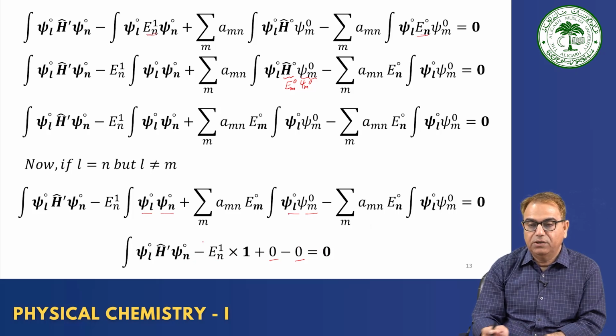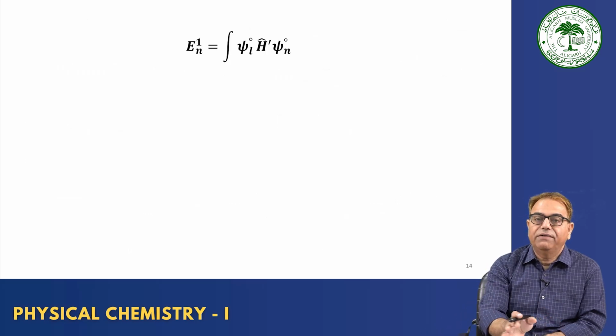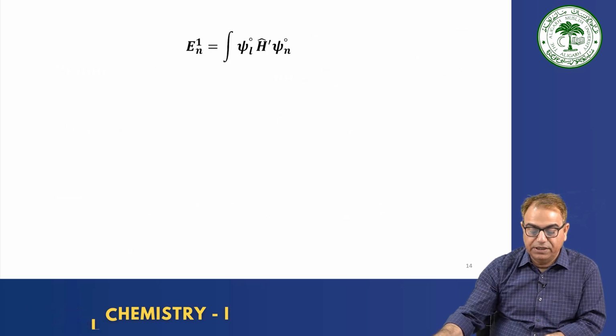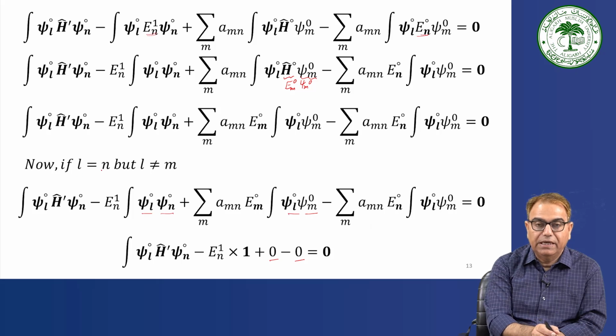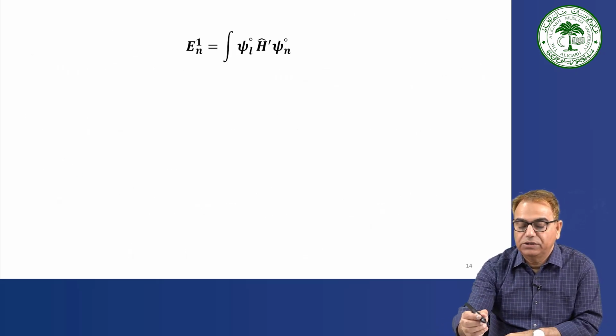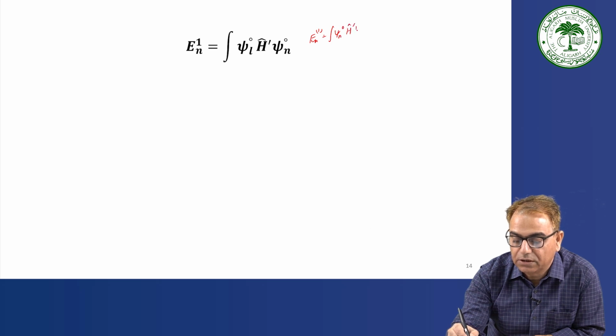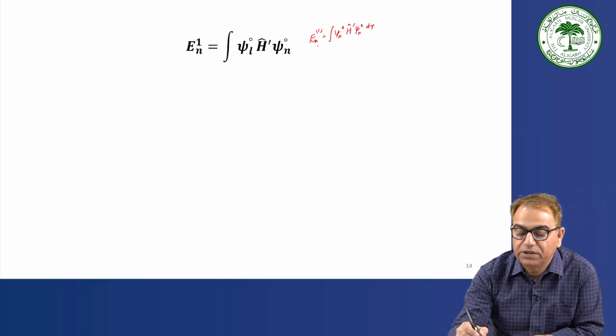And if you bring En1 to this side, then what you have is this one. In which condition? In the condition that L is equal to N. So this you can write as En1 is the integral of psi n naught H prime psi n naught delta. So what does it mean?